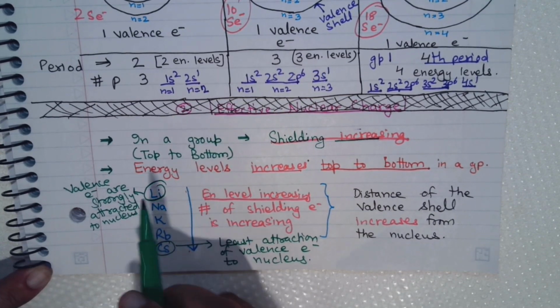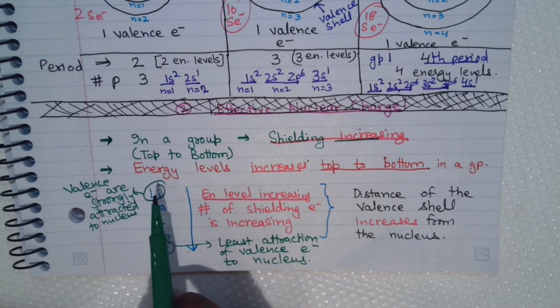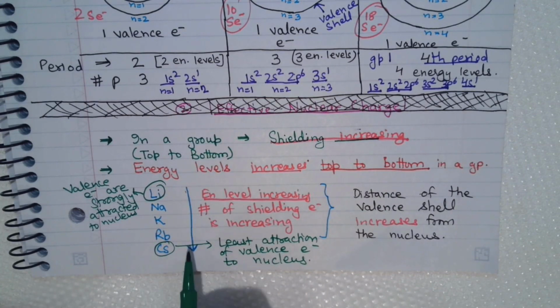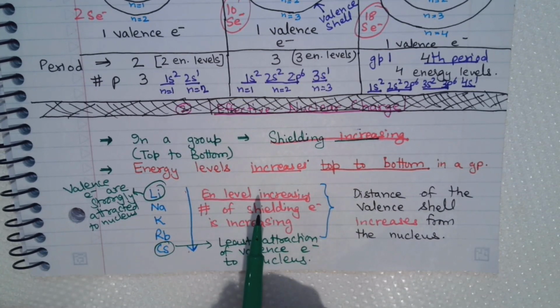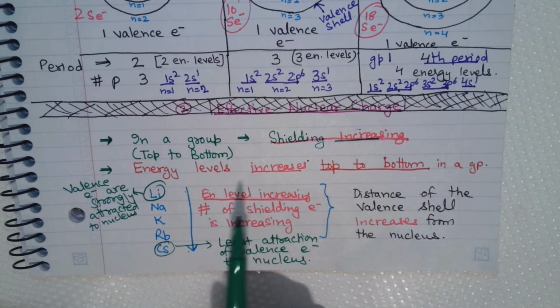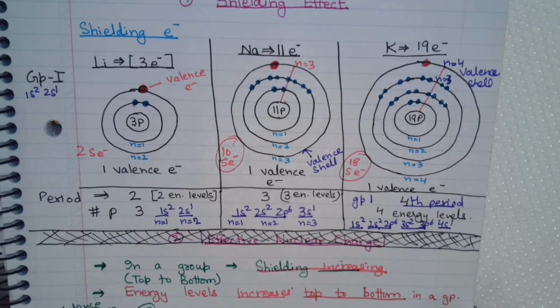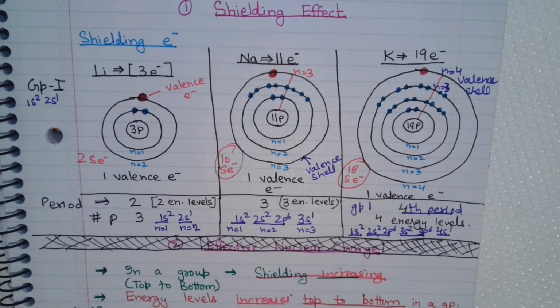So the attraction of the valence electrons to the nucleus decreases down the group because of the increasing number of energy levels, and because of the increased shielding, because of the greater number of shielding electrons within an atom as we go down in the group, right?